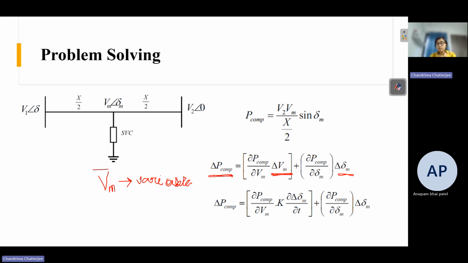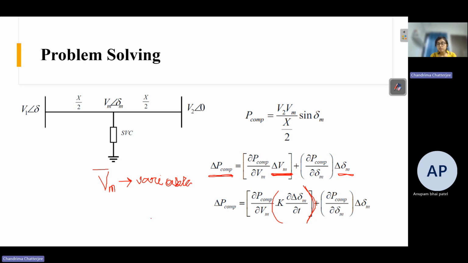Now this is the expression of del P comp. Del P comp by del Vm and delta Vm, and this portion was already there. Now we will express delta Vm in terms of delta M by delta T. So delta Vm we have replaced by this.